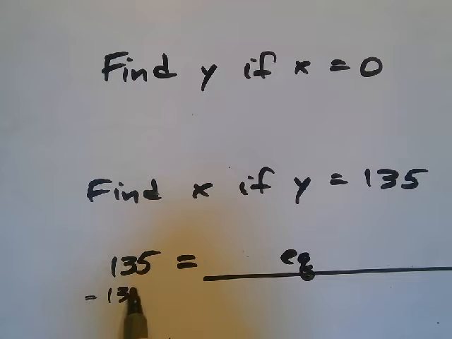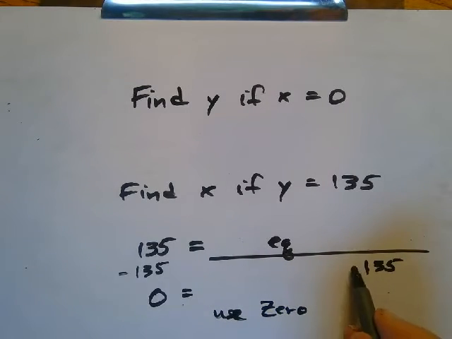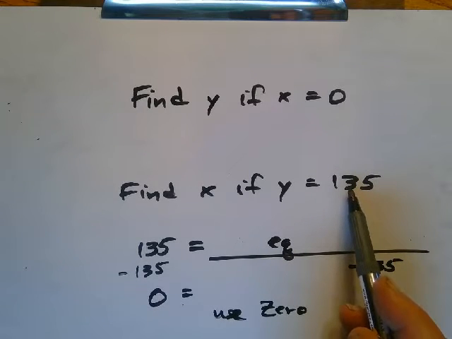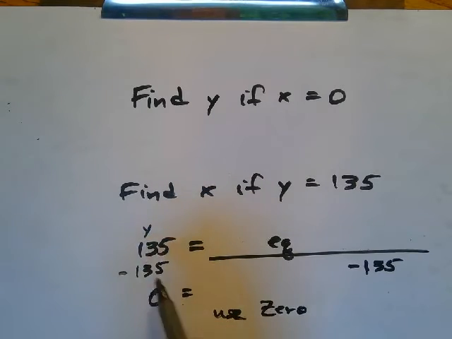I could subtract 135 from both sides, and now it's set equal to 0, and I could use the zero feature to solve this. So that's one thing you can do: simply subtract 135, because y is equal to 135, I can just set this equal to 0 and then solve it that way.